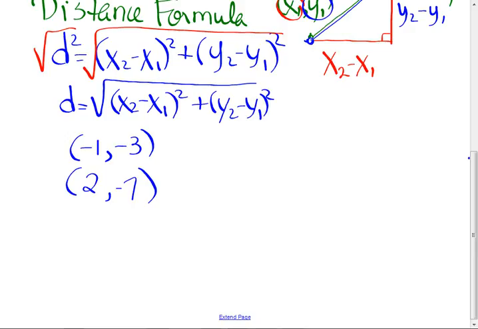Now, I can plug this into the formula, but the problem is, when you do it wrong. So if you do -1 minus 2 and you write that, okay, guys, that's just wrong. So I don't like you to do that. It's so much easier if you just say, I really just want to know, and I could draw a picture, how far apart the x's are. So the distance is the square root of, now be careful, think of temperatures.